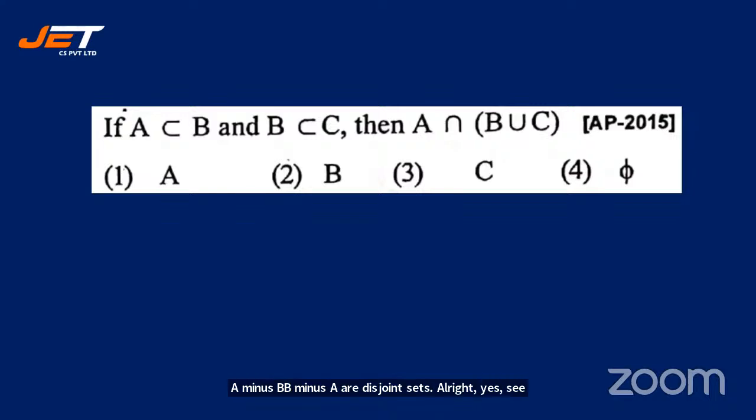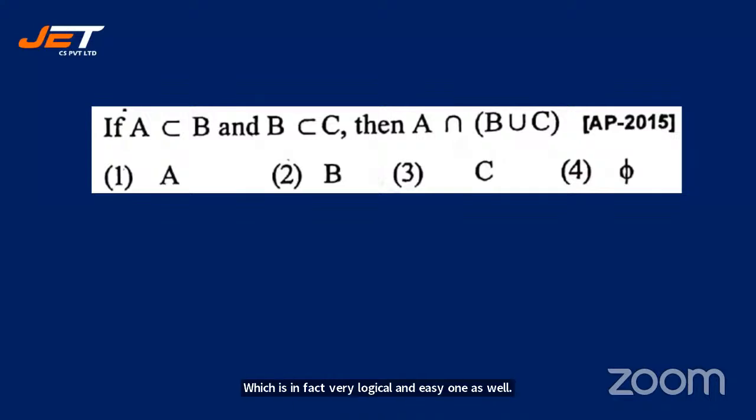If A is a subset of B and B is a subset of C, then A intersection B union C is dash. Right? Just now we worked out a similar sum like this. Just work it out and give me the answer, which is in fact very logical and an easy one as well.